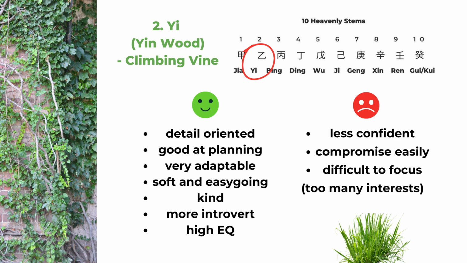And for the negative side, you are less confident. And you tend to compromise easily because you are not too sure about yourself. And it's not easy for you to focus on one thing because you have too many interests. So that's the personality of the Yi as the day master.